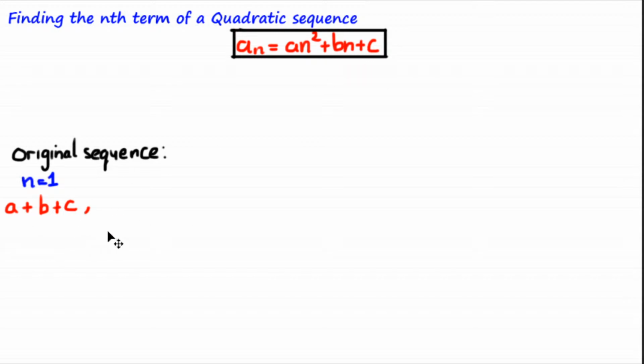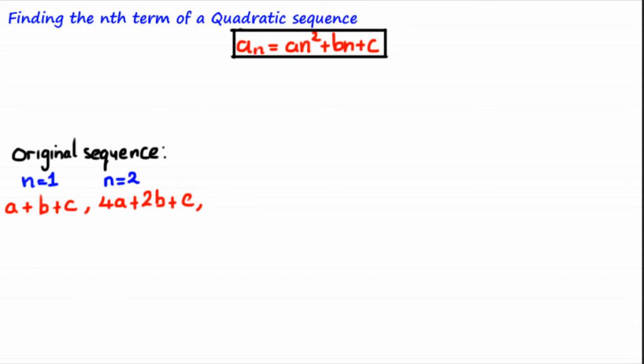We can then write the next term by plugging in n equals 2, and that gives us 4a plus 2b plus c. When n is equal to 2, we get 2 squared, which is where we get 4 times a, and we get 2b plus c.